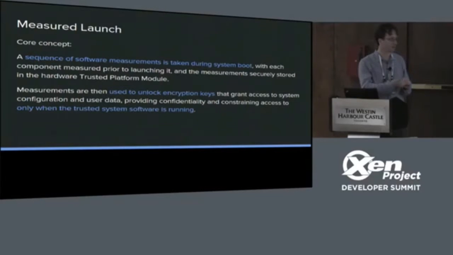So the measurements give you the keys that unlock your system configuration data, and also the keys for the disk images of your VMs. The point being that if there's been any tampering with your software or your policy configuration, the measurements by the time you complete launch will be different, and you will not be able to unlock access to the data on your disk.